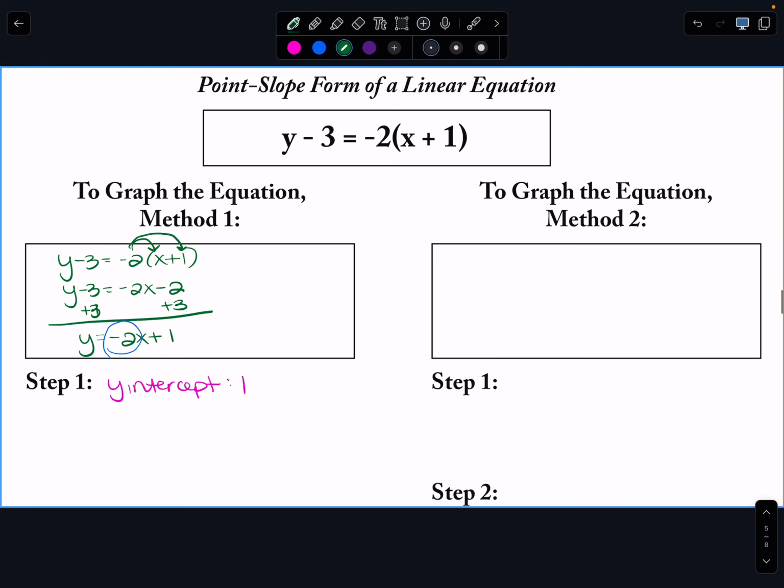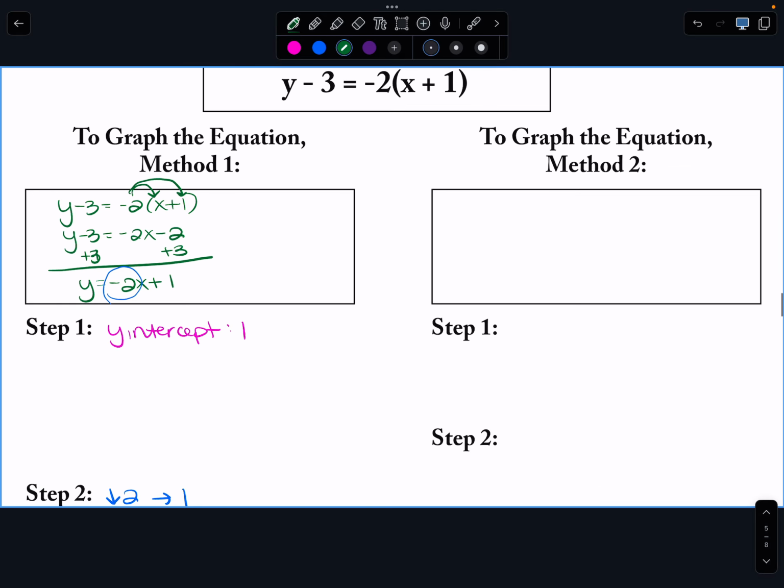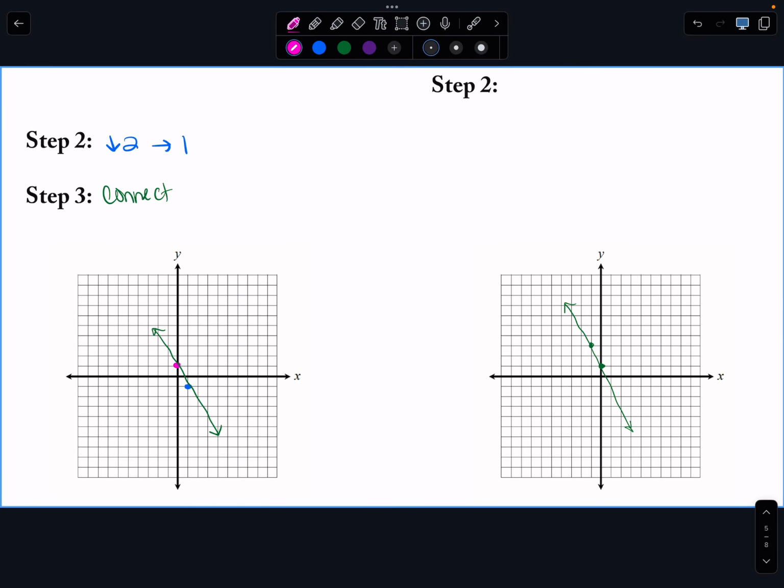Okay, look. So how do we do it with method 2, right? I have to find the point. So again, I switch the sign and I switch the sign. So my coordinate point that I'm using is -1, 3. -1, 3 is right here.